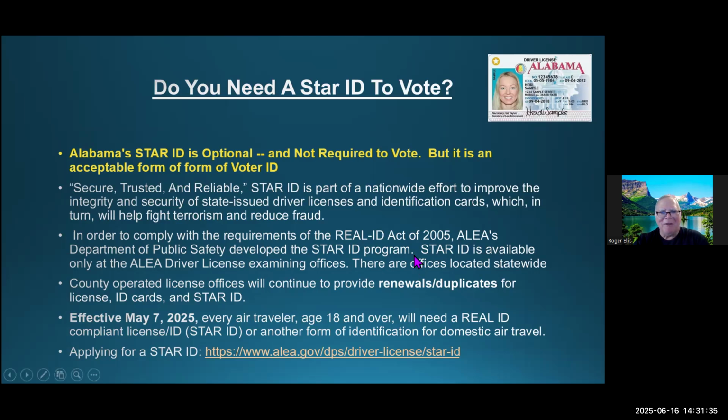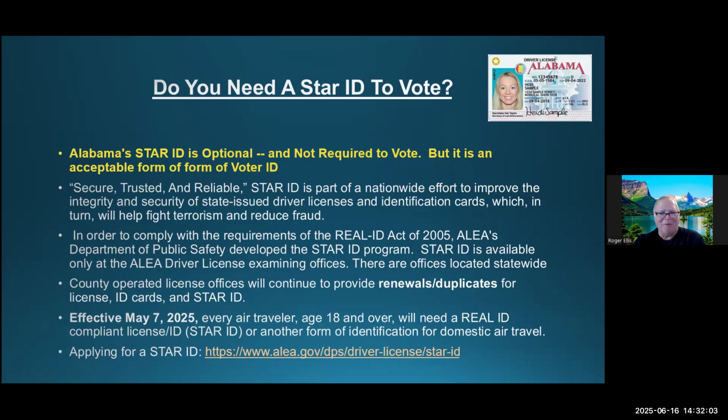In order to comply with the requirements of the Real ID Act of 2005, the Alabama Law Enforcement Agency developed the STAR ID program. This STAR ID is available only at an ALEA Driver License Examining Office. There are offices located statewide. County operated license offices will also continue to provide renewal and duplicates for license ID and STAR ID.